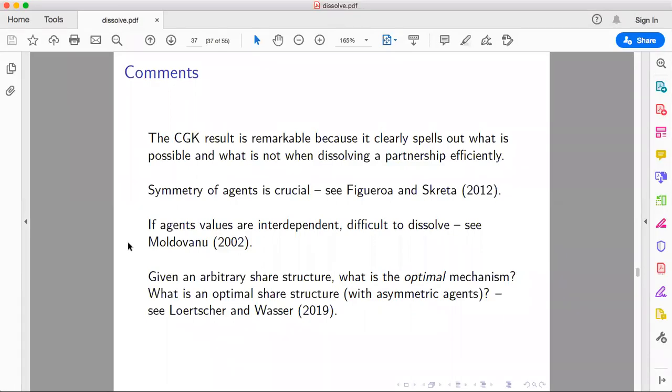So this is the kind of question that these authors have asked, and it's a good optimization exercise after the Cramton-Gibbons-Klemperer result.